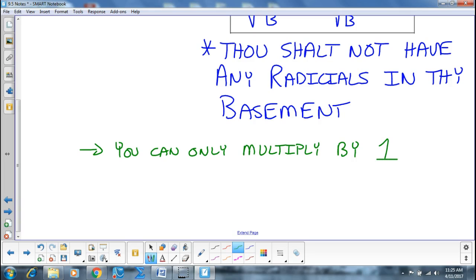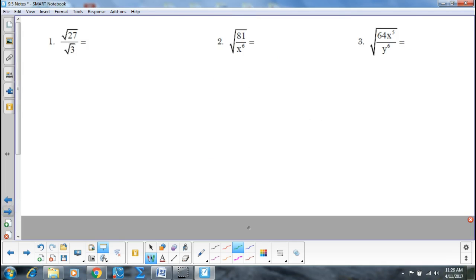And we don't want to change the problem, we just want to simplify the problem. Okay? So we can only multiply by 1. Now, 1 comes in many different forms. Just so you know, we'll show you that here momentarily. So, let's look here at the square root of 27 divided by the square root of 3.